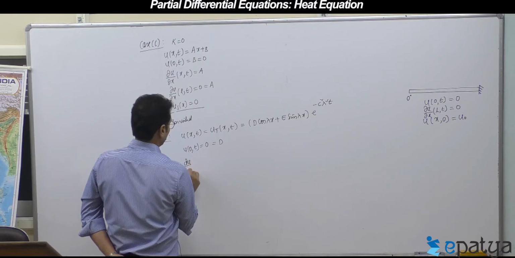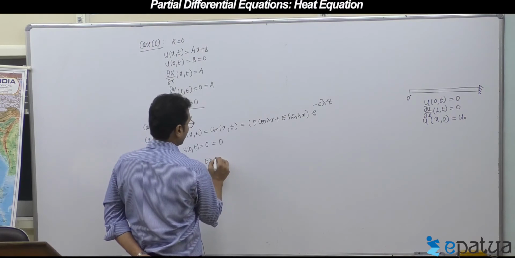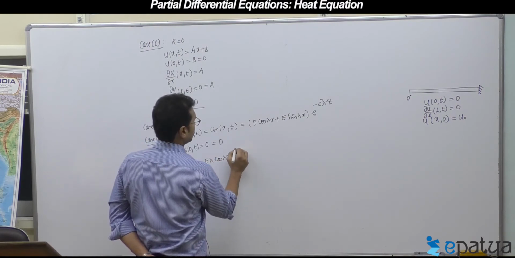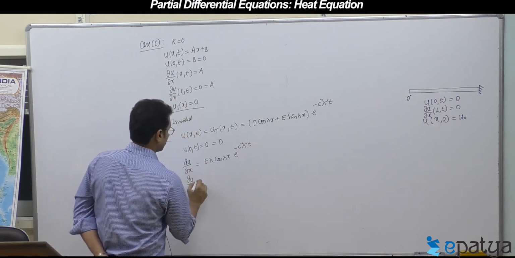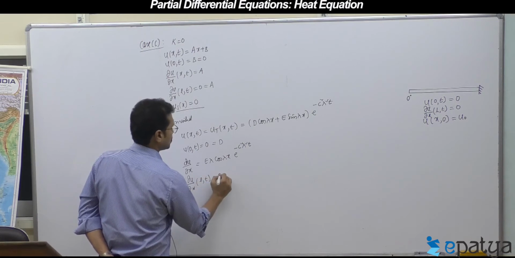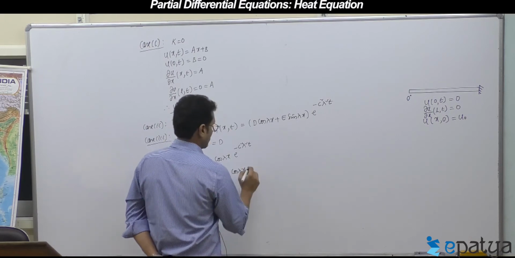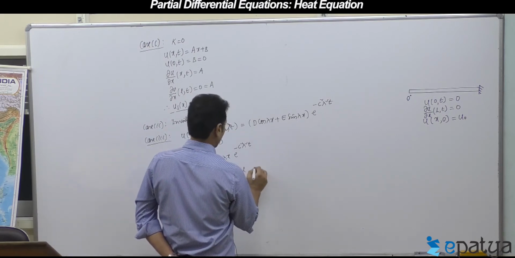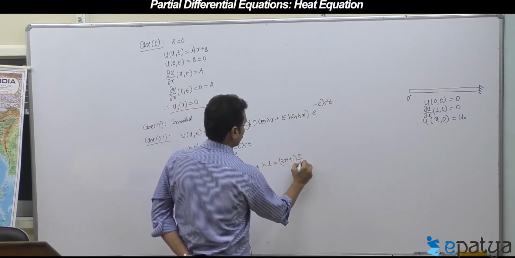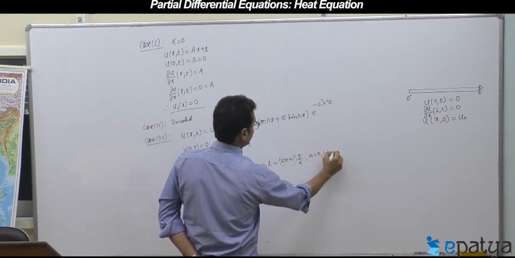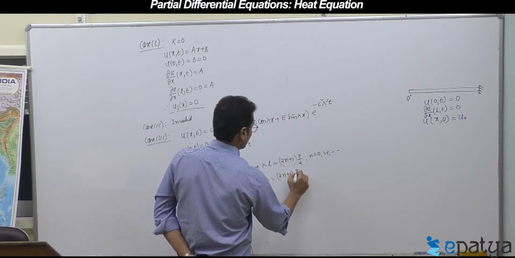Dou u by dou x equals B lambda cos lambda x into e power minus c square lambda square t. Dou u by dou x at L comma t is given as 0. So cos lambda L equals 0, lambda L equals (2n plus 1) into pi by 2. So lambda equals (2n plus 1) into pi by 2L.